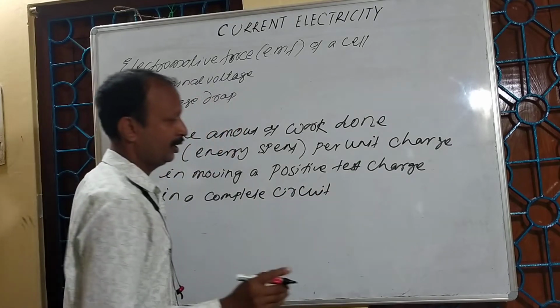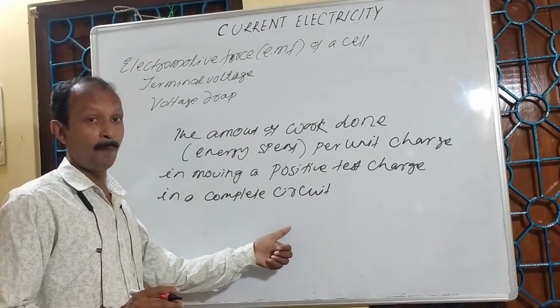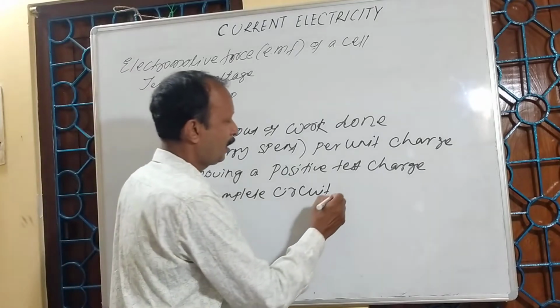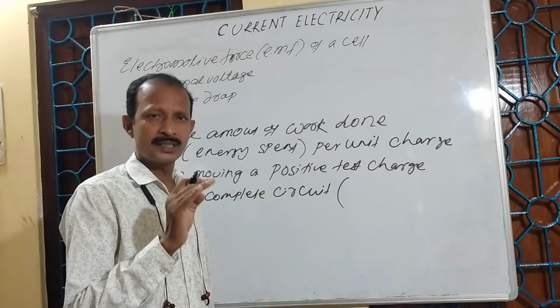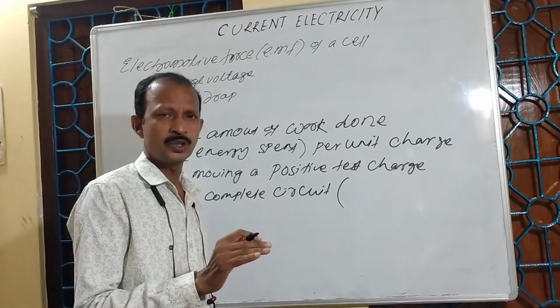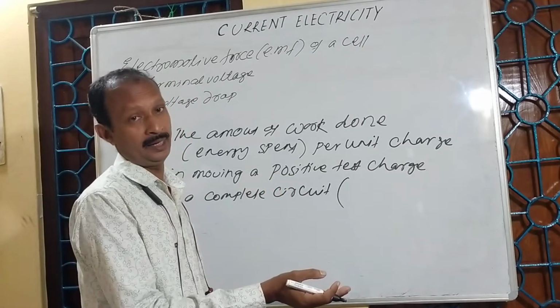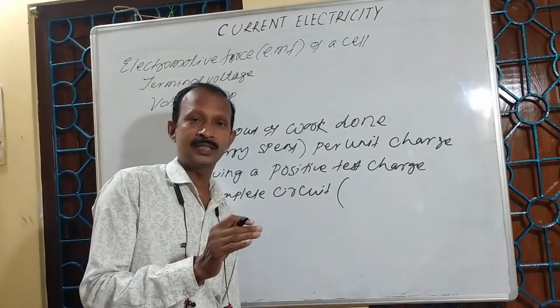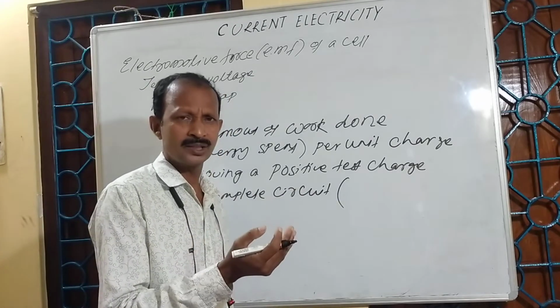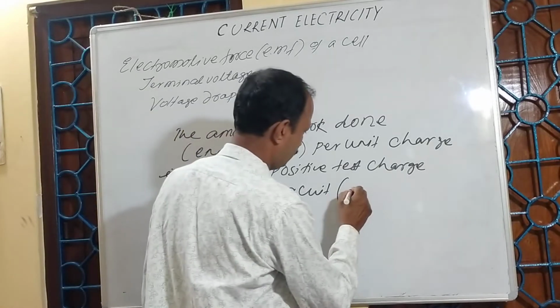Listen carefully. I have mentioned here the complete circuit. Complete circuit means inside this cell and also outside this cell. That means the external circuit as well as the internal circuit.